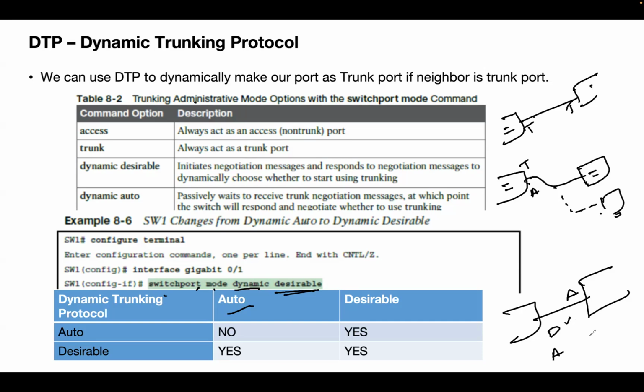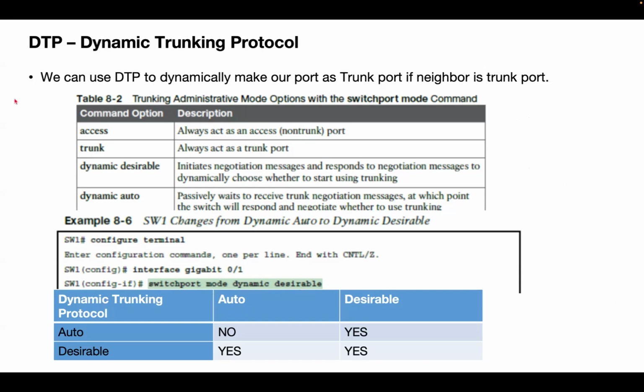If this side is auto and the neighbor is desirable, no problem. Auto with auto, they cannot become a trunk. Desirable, they can become a trunk. Auto means both will wait for each other to send the negotiation packet, but only desirable will send it.